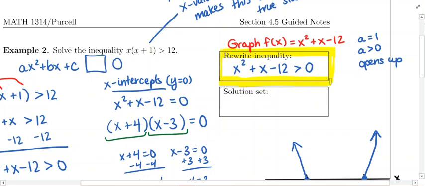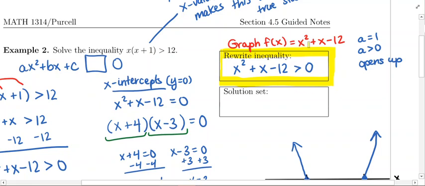Remember, it's not exactly like the one we were given. It is equivalent to x times x plus 1 is greater than 12, but we multiplied everything out and moved the 12 over, and we just rearranged the inequality. This is easier to work with, so that's why we're working with this version of it. So remember, f of x, that's the parabola we just graphed.